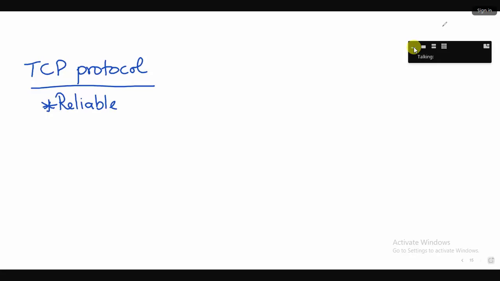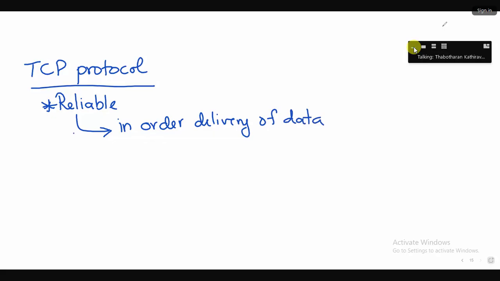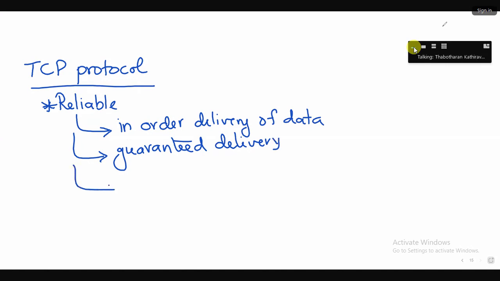This reliable has many meanings. It implies many things: in order delivery of data, and guaranteed delivery.